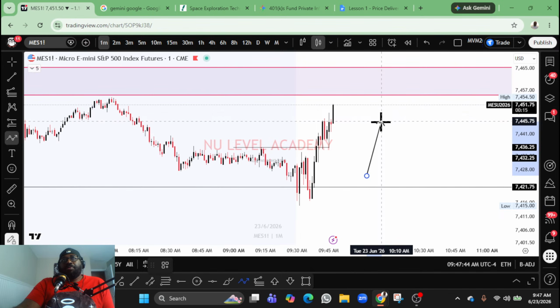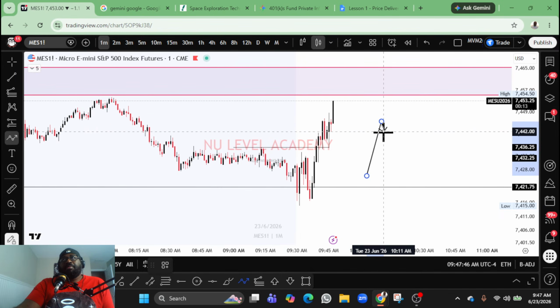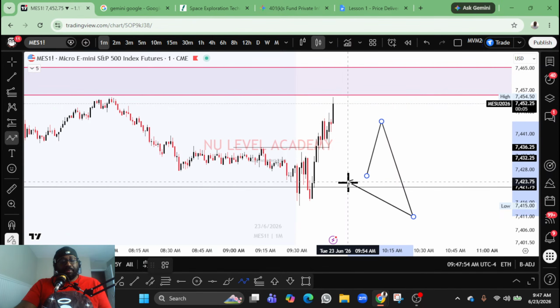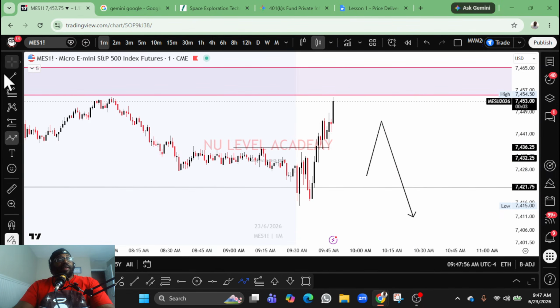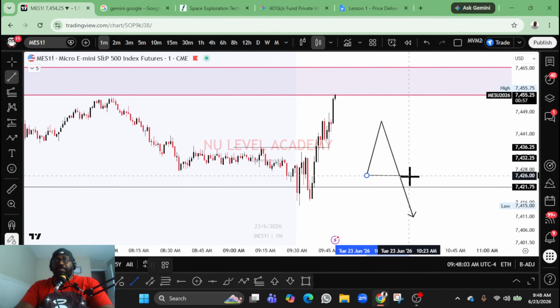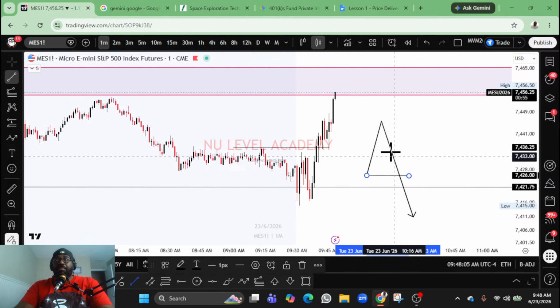You get the initial move up, and we come trading back down. Obviously, once we break a key level here, that will be our entry, and boom, that's what we want.